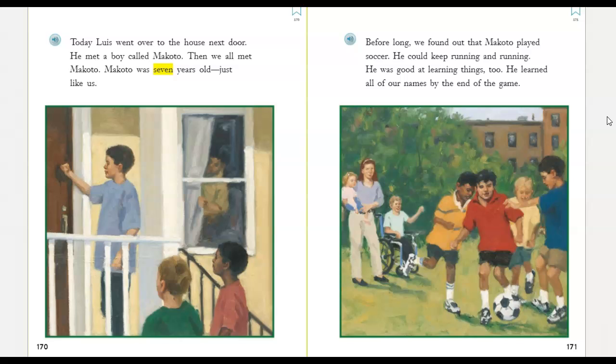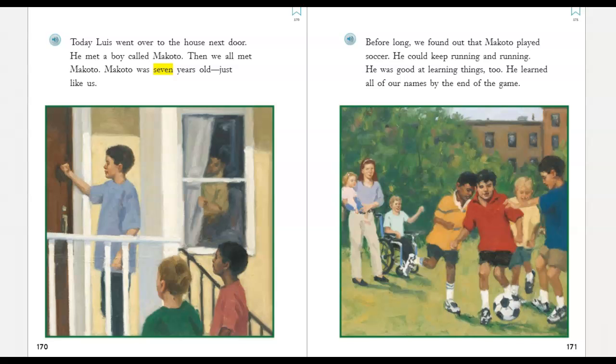Today, Lewis went over to the house next door. He met a boy called Makoto. Then we all met Makoto.